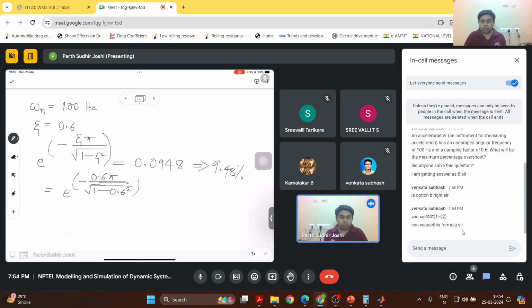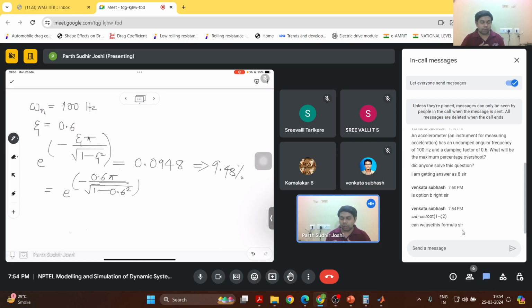Omega d is equal to omega n root of 1 minus zeta square. So that is the damped natural frequency. Yes, using that you will basically get the damped natural frequency.